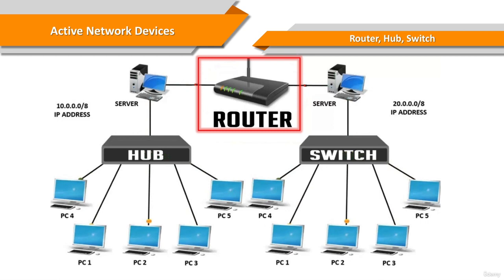And in addition, the router also uses protocols such as ICMP, Internet Control Message Protocol, to communicate with each other and configures the best route between any two hosts. So, in a word, router forwards data packets along networks.